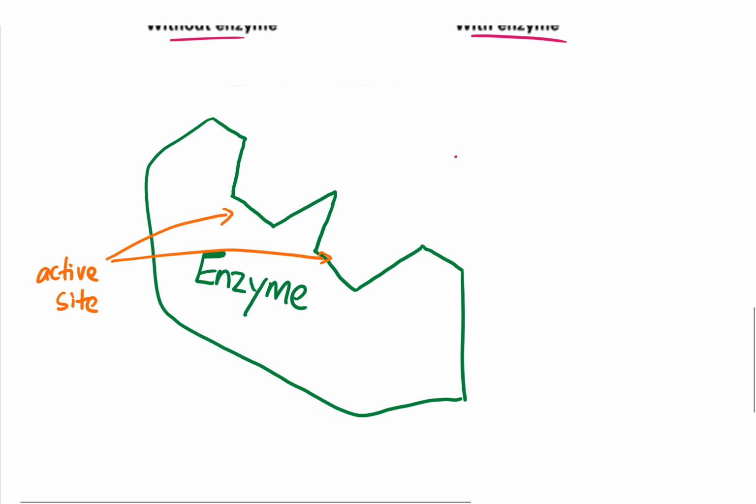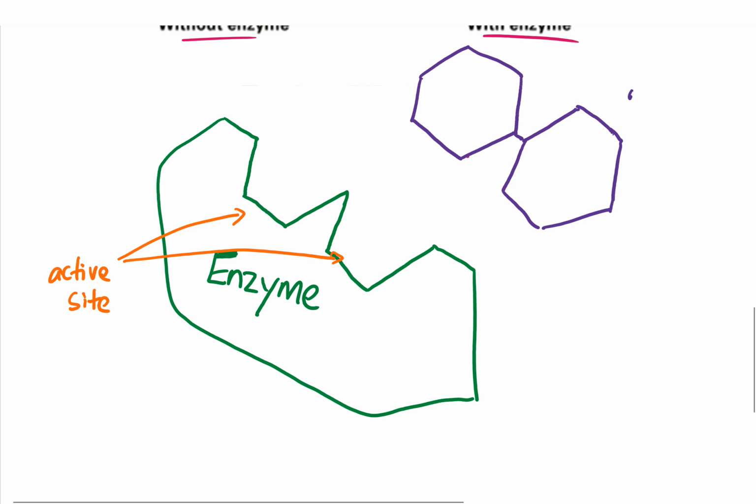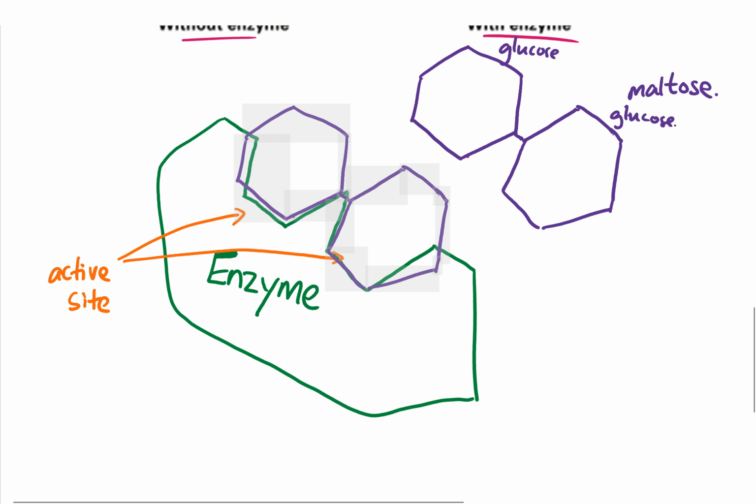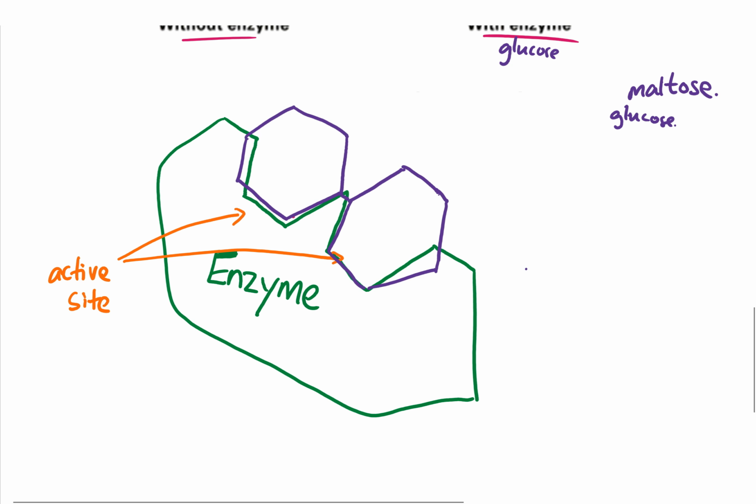So now I'm going to draw a substrate, maybe a maltose, which is a disaccharide, 2 glucose bonded together. So this maltose is going to bind to the active site of that enzyme, and it fits, right? Kind of fits, drawn without according to the proportion.